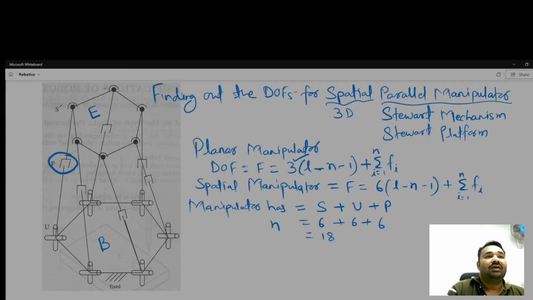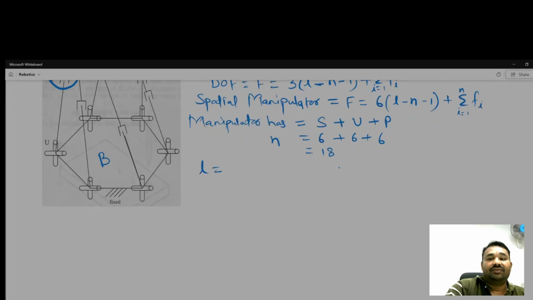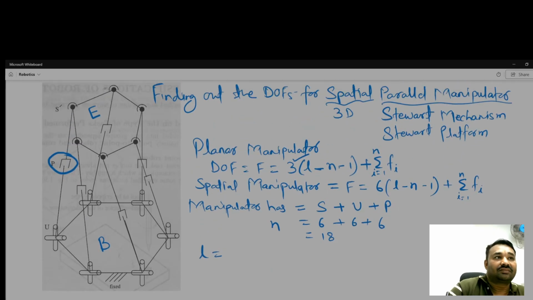Okay, and what about L? L is the number of links. So how many arms are there? See, 6 spherical joints are connected by 6 arms, and each arm has 2 links.